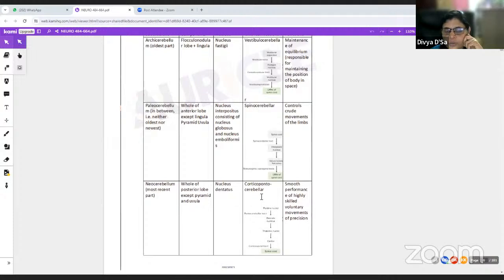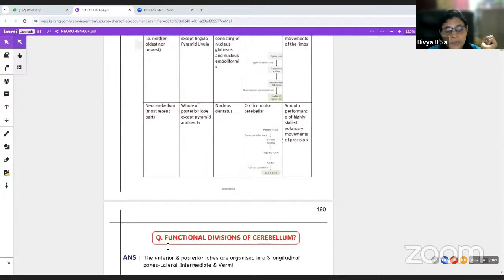The tract here is the cortico-ponto-cerebellar connection. And this is basically for coordination, that is fine movements. We see this in mammals and humans. So highly skilled movements, like the movements we do with our hands, the finger movements. For precision, the neocerebellum controls it.